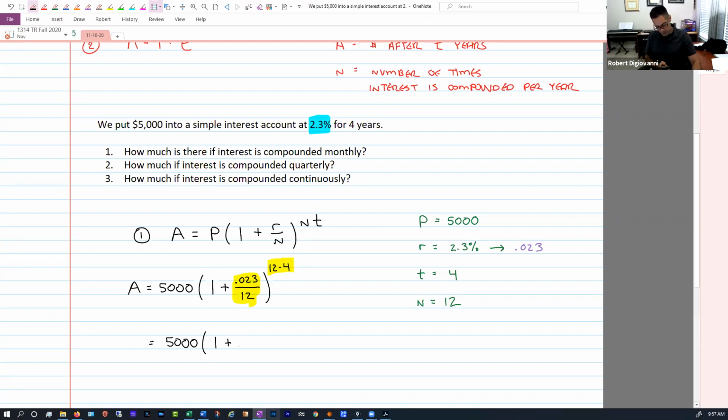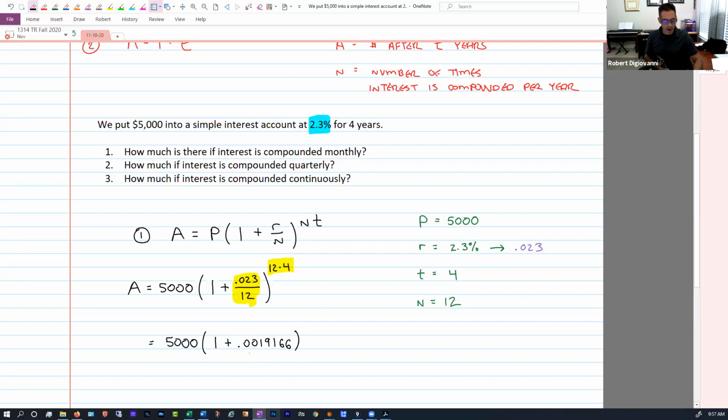And I get 0.00191666. Okay, so here's the first time in our class that I'm going to ask you to just go out with the decimal places. Go out as far as your calculator goes. But you don't need to go past, like, maybe 6, 7 digits is fine.